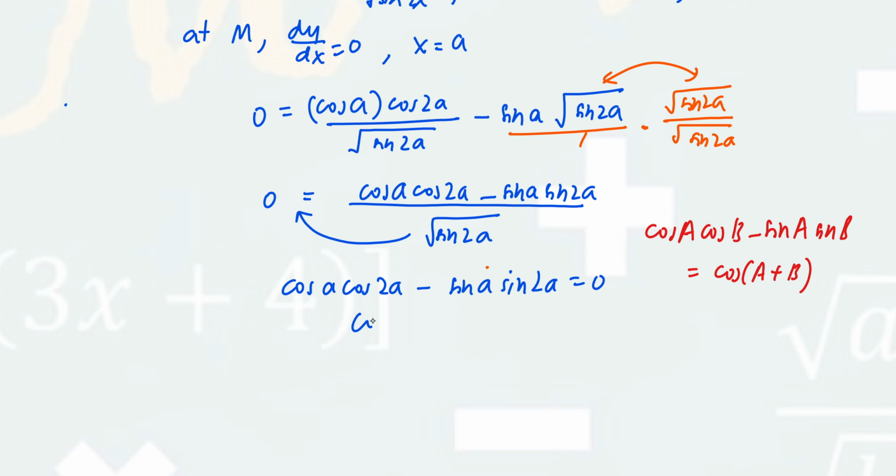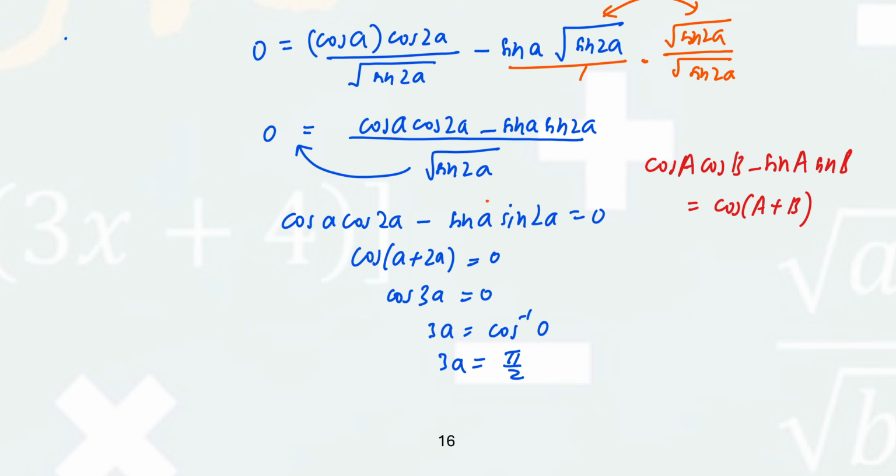So which means I will be getting cos of a plus 2a equals 0 on the right side. So this becomes cos 3a equals 0. So your 3a is arc cos 0. This you can get from the calculator. Arc cos 0 is pi over 2. Therefore, your a is pi over 6. So this is your exact a.